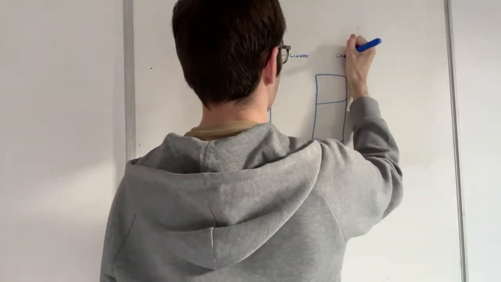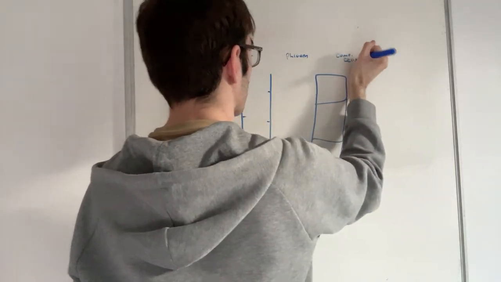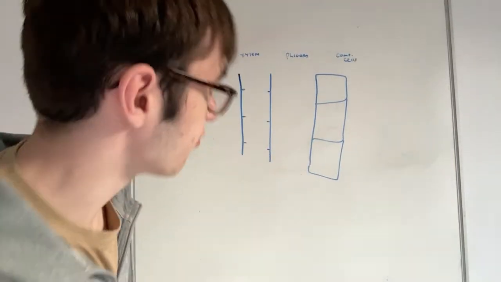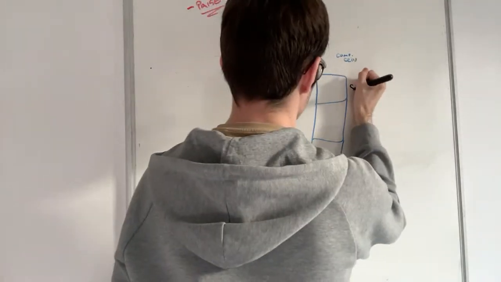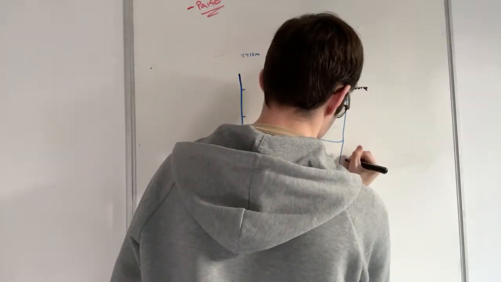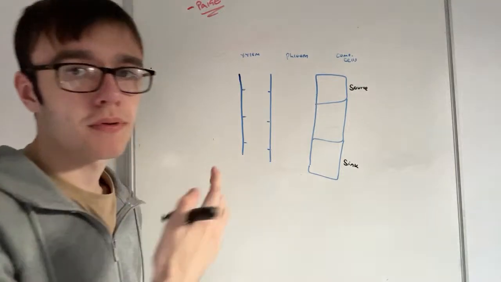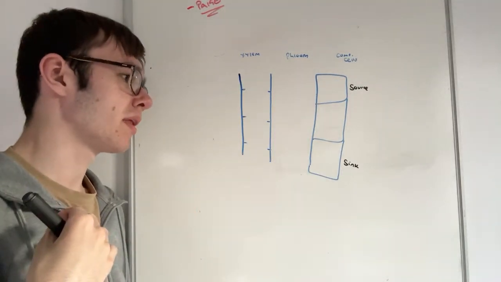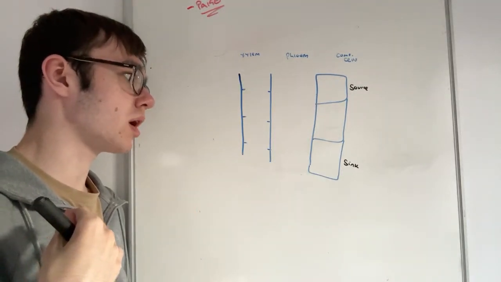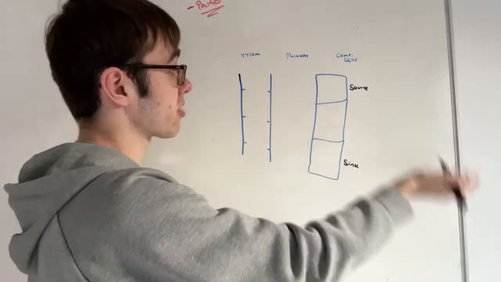Companion cells. We have the source. This is our sink. For example, these guys are producing the sugars.